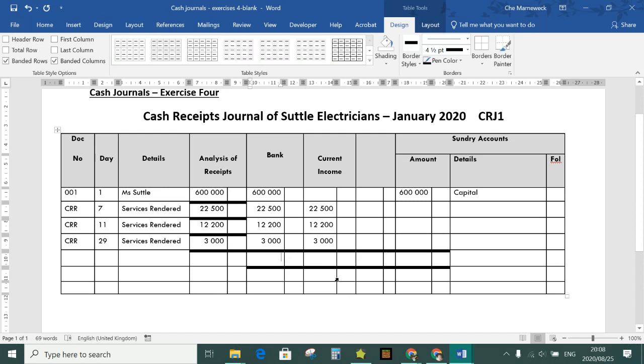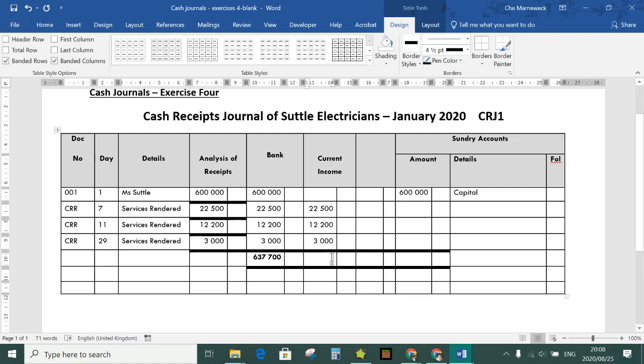So, you're getting out your calculator, and we're going to add up 600,000 plus 22,500 plus 12,200 plus 3,000. And we get 637,700.